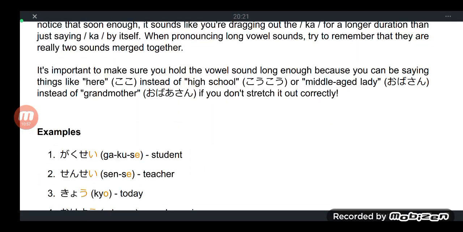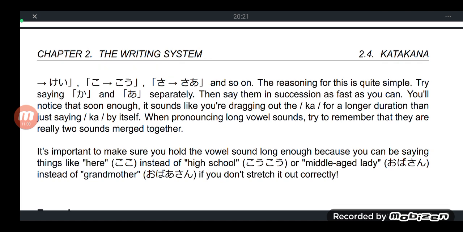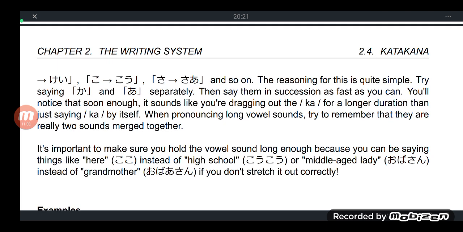Okay, so as you can see here, we have some examples. I will show you examples of prolonged sounds using katakana, but here in the text, you can see examples using hiragana, just like in school. Gakkou, that's two characters in kanji, and three characters in the kana writing system.